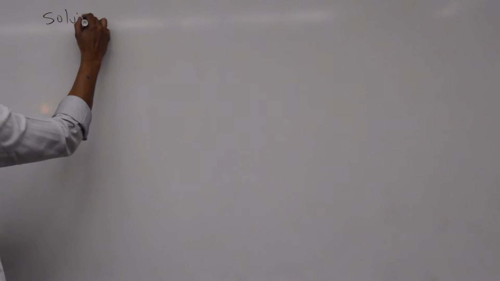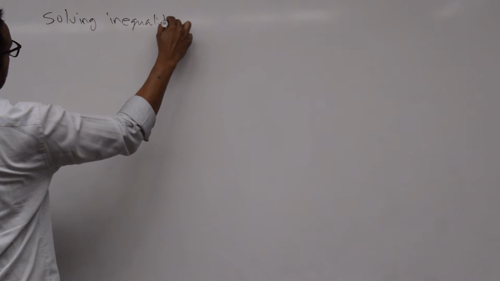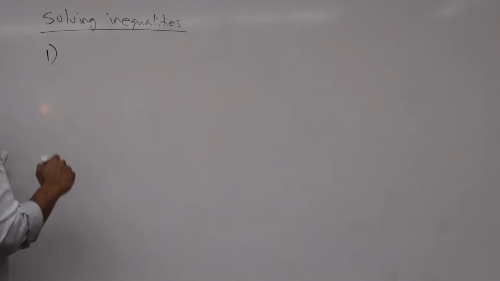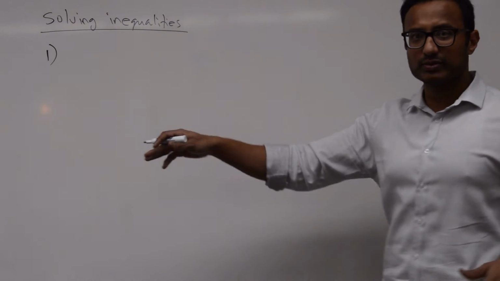Okay, so here are the exceptions. Exception number 1. Now we're on solving inequalities. The first exception is that in equations, it doesn't matter whether the variables go on the left side of the equal sign or the right side.